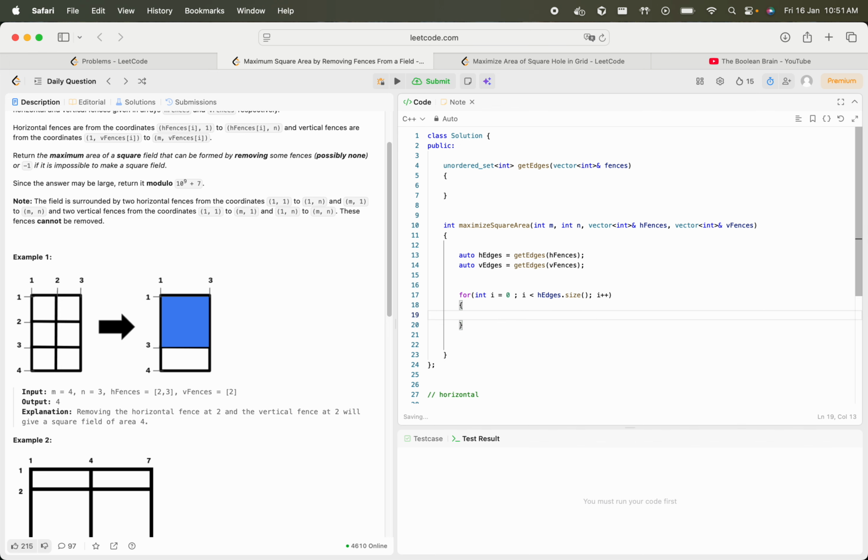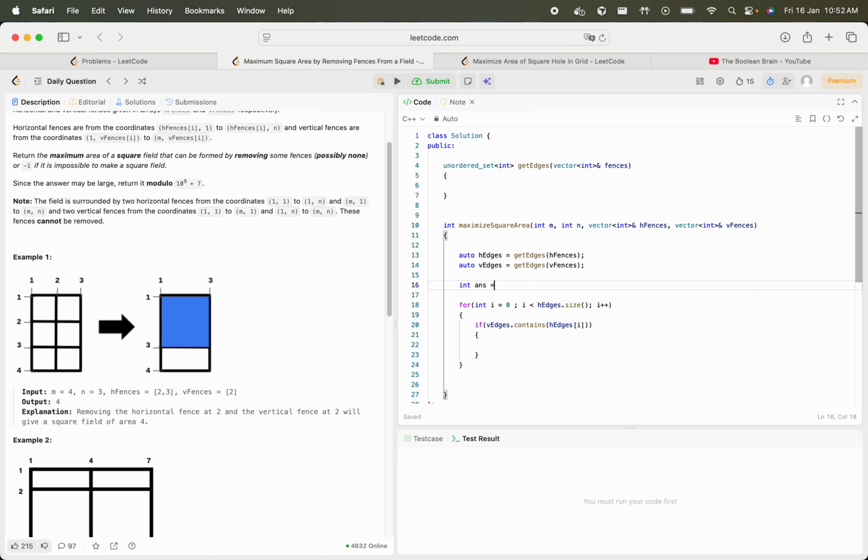I want to check if my vertical edges contains, I'm iterating on edges and I want to check if vEdges contains edges of i, it means that that is my possible answer.